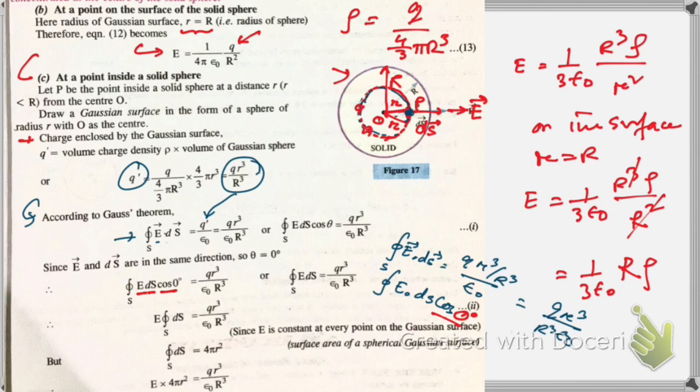So that's why this E is taken out, and the surface integral of ds is going to be equal to this, right? That is what we have got here. So hope you have understood this.